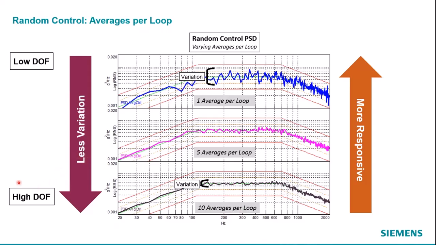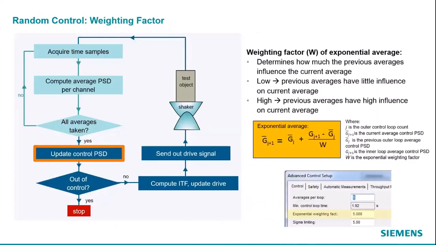We also have this parameter that's part of the test setup that's required by the test requirements, what we call a degree of freedom. And that's based on the number of averages and the average weighting factor, which is introduced here. And I'll give the equation for the degree of freedom, but it's based basically on the number of averages in the inner loop and this average weighting factor for the exponential averaging.